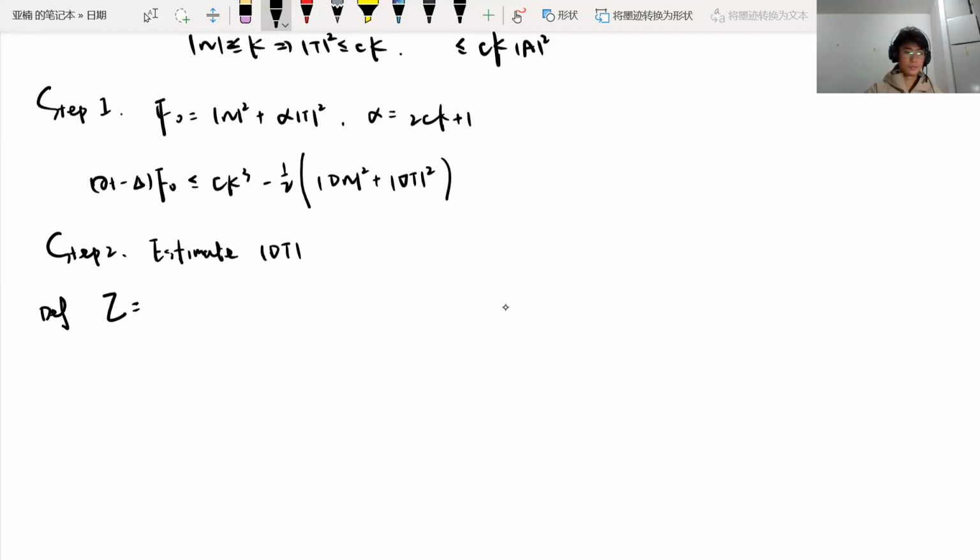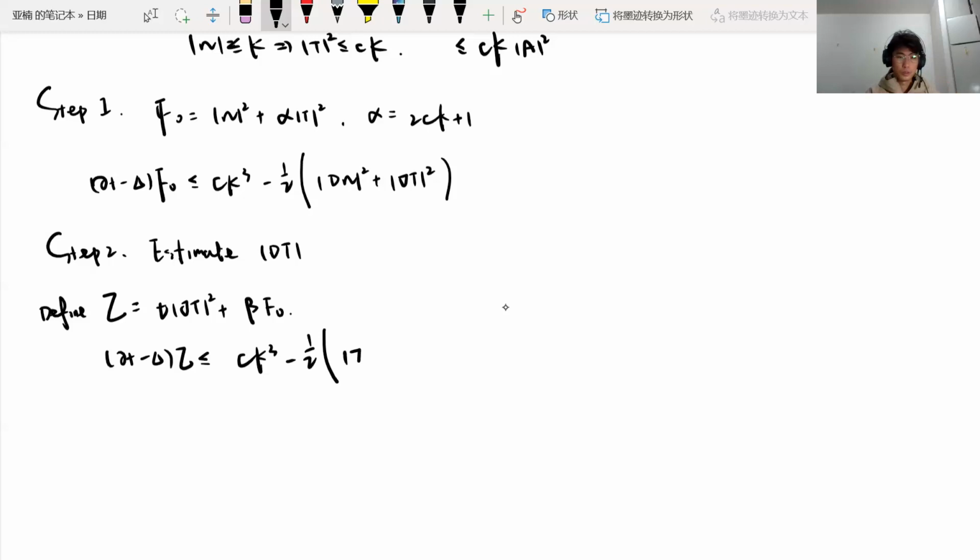We define a function, theta is also a constant determined later, and in this function we know that the gradient of T is bounded and we can obtain more terms given by the evolution equation of the gradient of T.